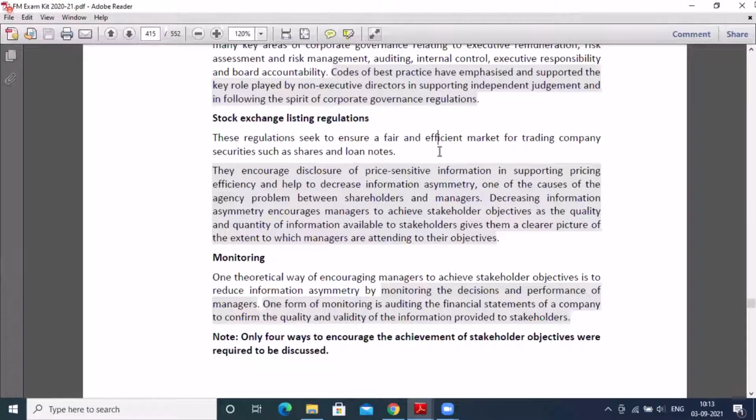Let me conclude this. The main agenda of the rules and regulations of listing requirements is that whatever the agency issues are, those agency issues are to be minimized. It means the managers are encouraged to convert the organizational goal into their individual goal. It mainly focuses on whether the management is striving to achieve the organizational goals or not.